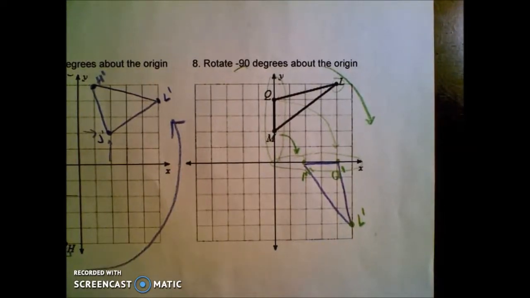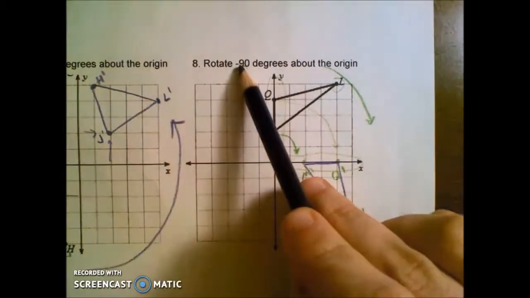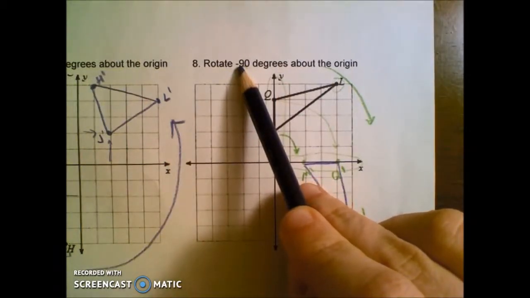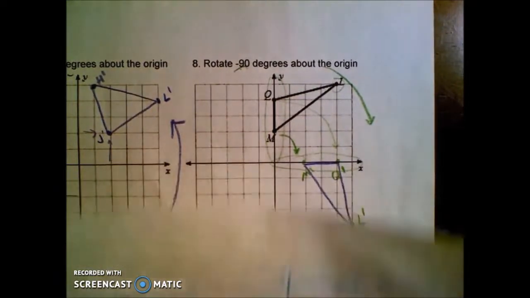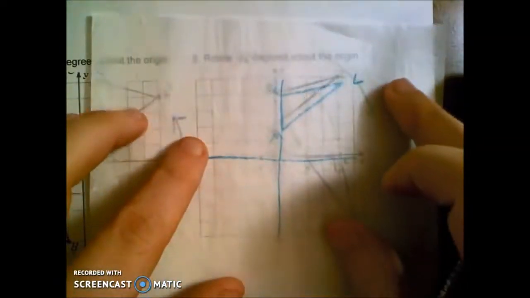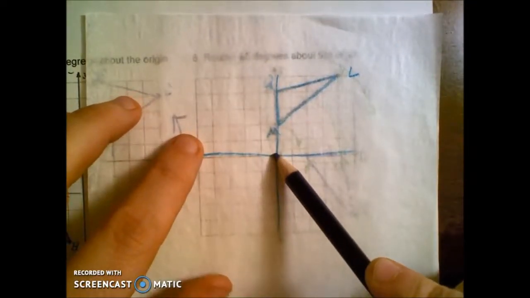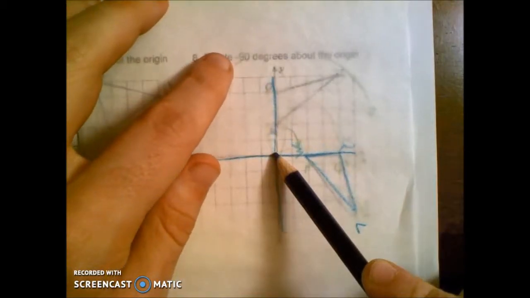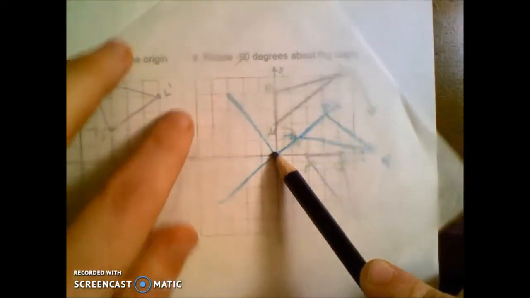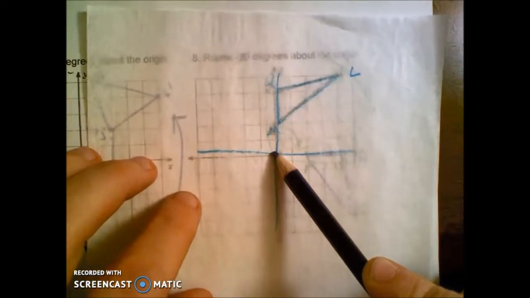One last thing before we wrap this up. Some people say, well, isn't there another way to write negative 90 degrees without using the negative symbol? And there is. If I take my transfer paper and place it back onto my pre-image here, remember, I could do a negative 90 degree rotation or a 90 degree rotation clockwise to get to my image. But on the other hand, I could go the other direction.